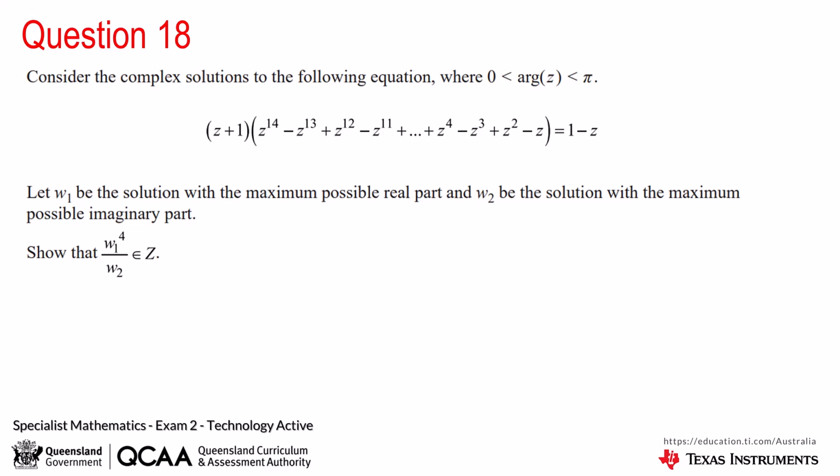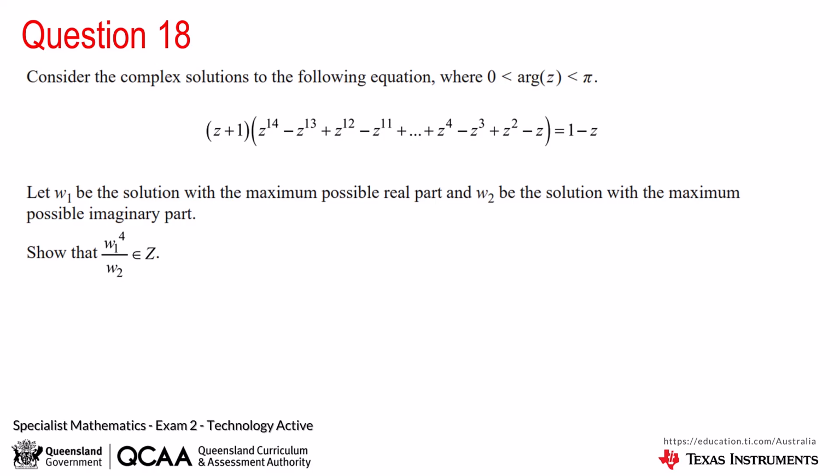Now we need to look at this rather fearsome looking equation. If on the left-hand side we multiply out the brackets and then add z minus 1 to both sides so that the equation is set to 0, what you can quickly see is that this equation is a disguised roots of unity equation.